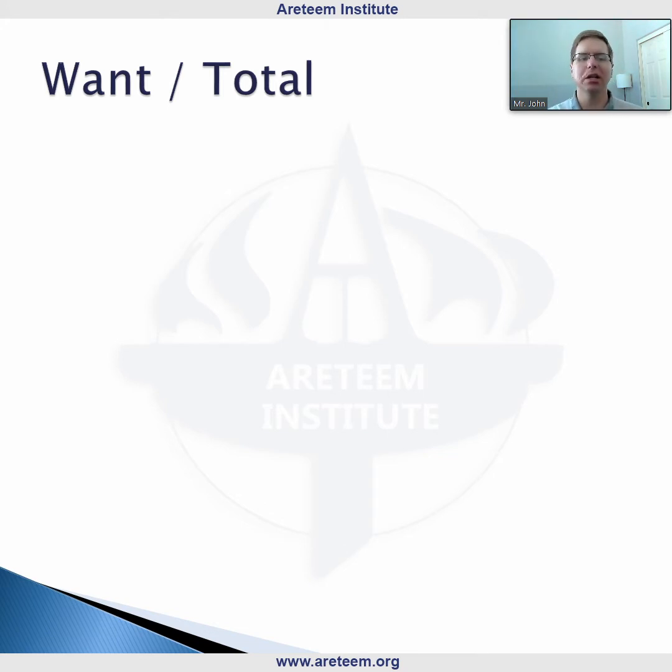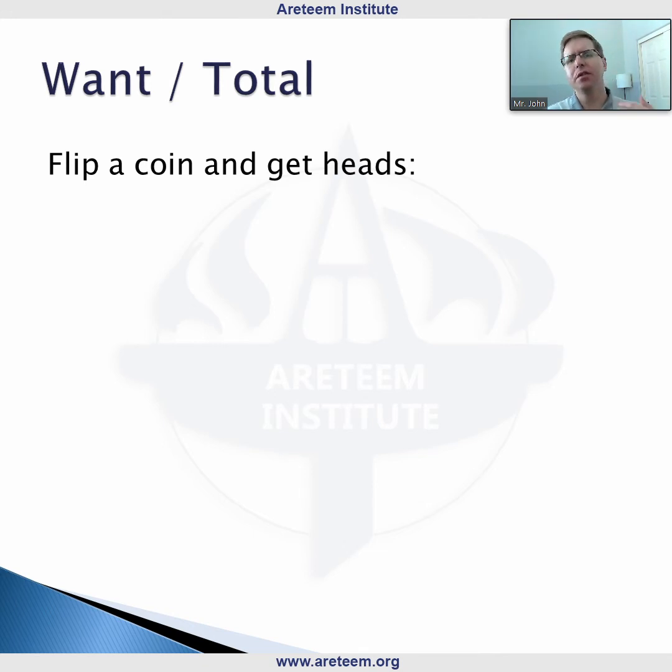Well, let's take a look at some very simple examples, even though you can do more complicated ones with the same idea. What's the probability that if you flip a coin, you get heads? I think everybody can easily say this is 1/2. But I want to think about this as want divided by total.